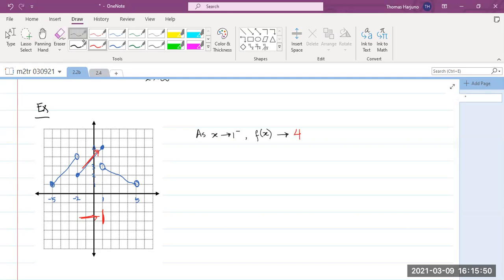Okay, but when we go from the right-hand side, as x approaches 1 from the right-hand side, the value of the function is approaching 3.